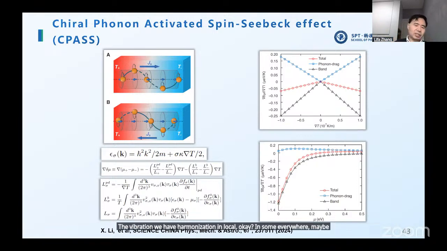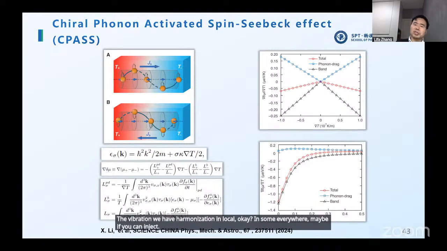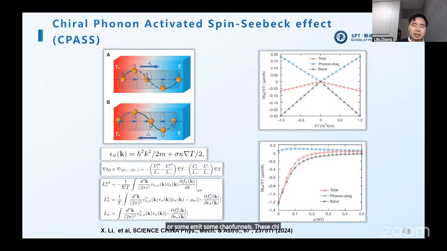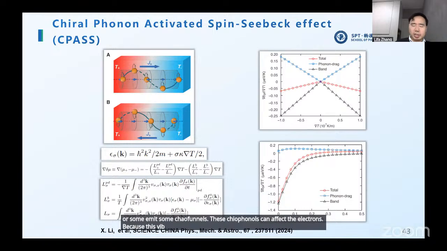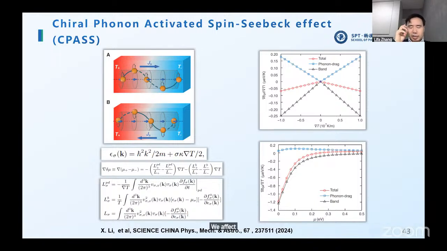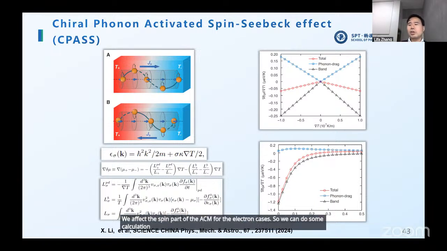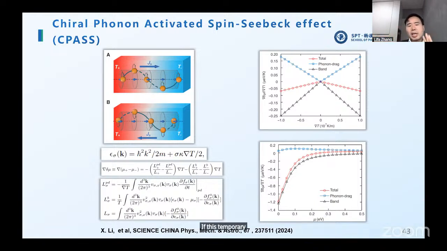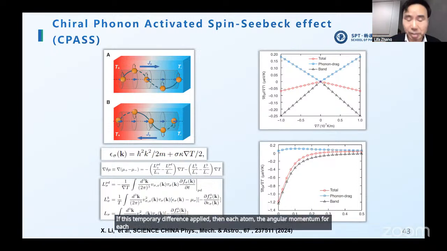If you can inject or emit some phonons, these phonons can affect the electrons, because the vibration and also the atoms have charge, and this will affect the spin polarization of the electrons. We can do some calculation: if a temperature difference is applied, then the angular momentum of each atom cannot cancel each other.